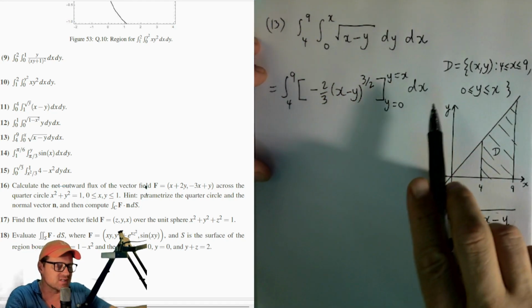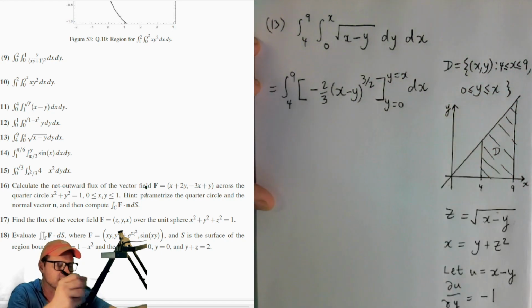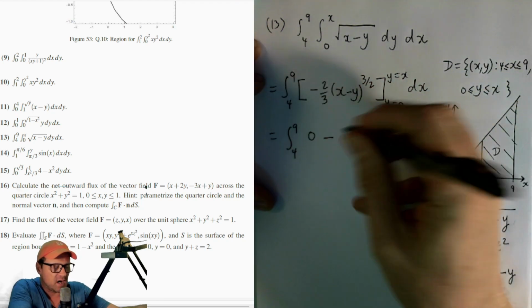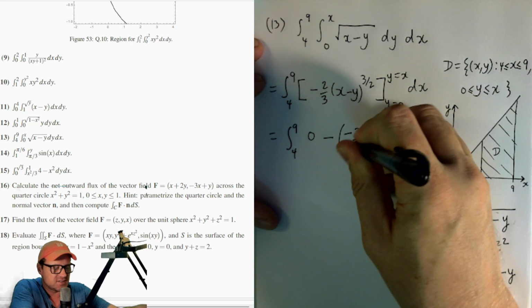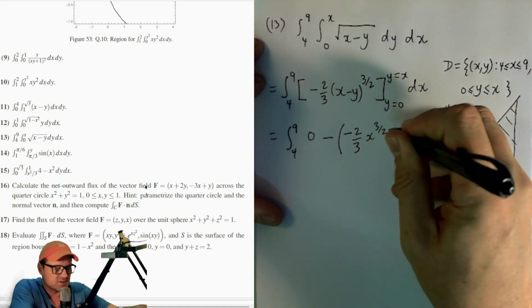Okay, so subbing in, replacing y with x, we'll get 0 in here. Then subbing in y is 0. We have minus, be careful with the double minus sign here because we are subtracting, minus 2/3, and then we have x to the power of 3/2.